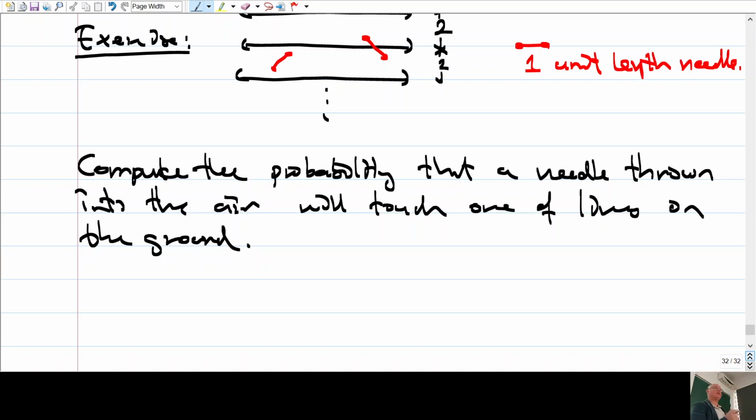Think about this. If you cannot come up with an answer, we can discuss it later. All right.